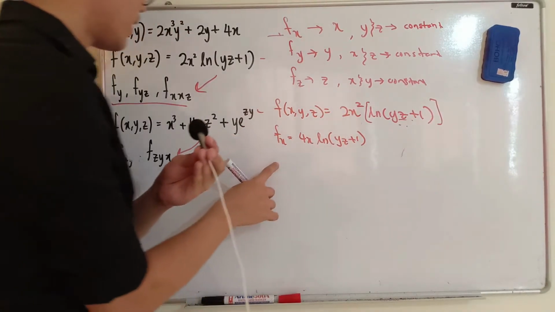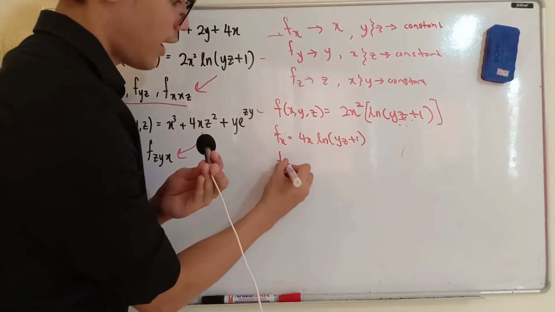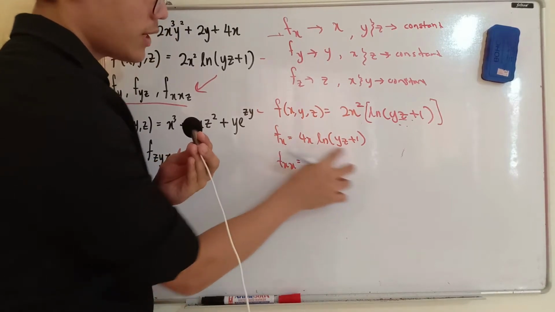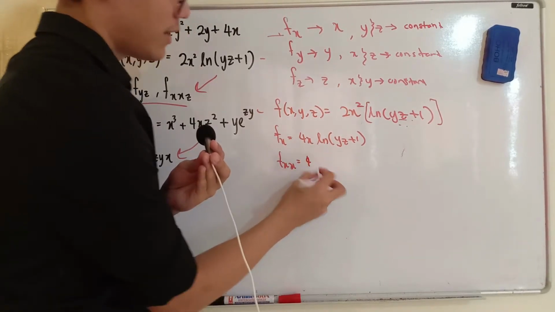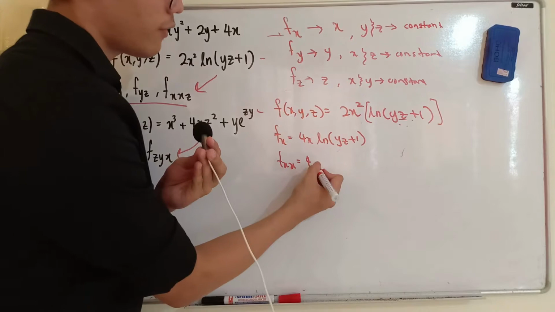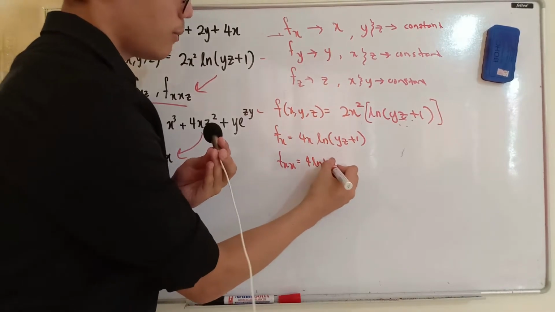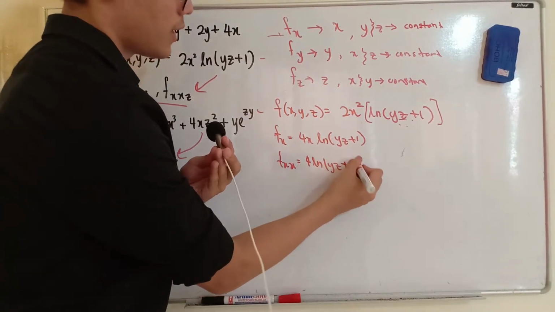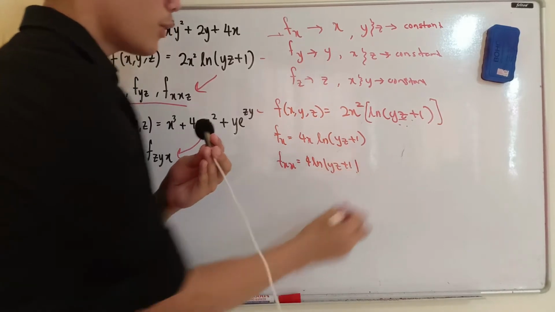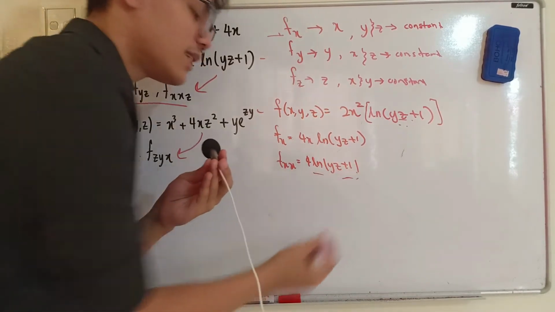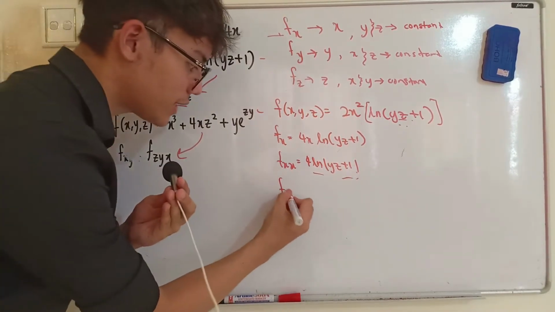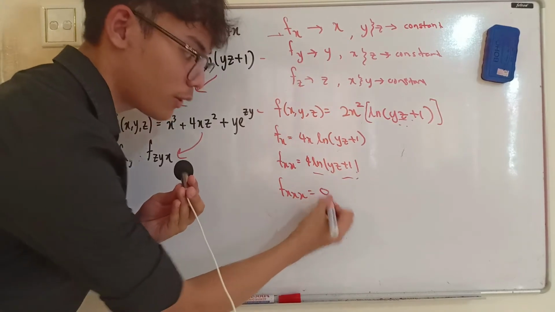So after that is fx again. From here, differentiate x again. Differentiate x is going to be 4 only, so it's going to be 4 ln(yz plus 1). Since all this is a constant, if I want to differentiate f with respect to x also, I'm going to get 0.